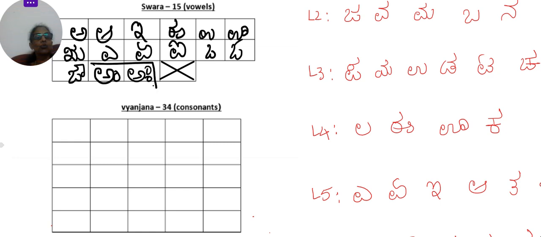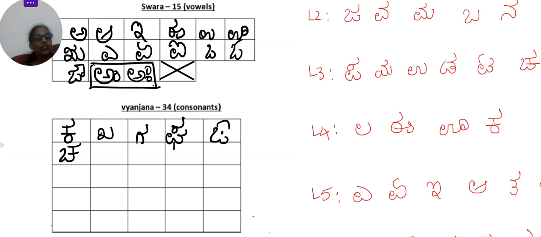So these two are what we saw in lesson 10. Now, the Vyanjanas, ka, kha, ga, gha, and what we saw today, nya. Then, cha, cha, ja, jha, and nya.